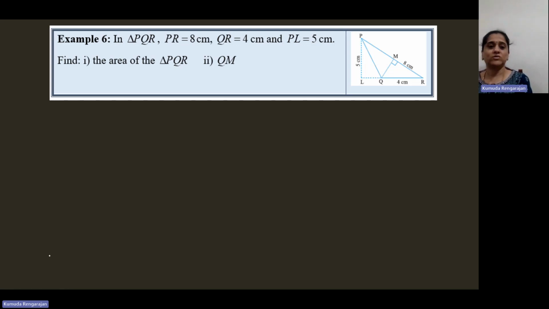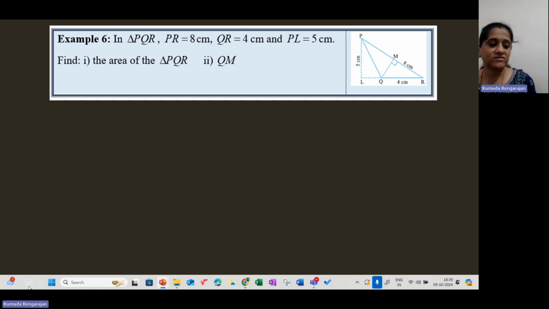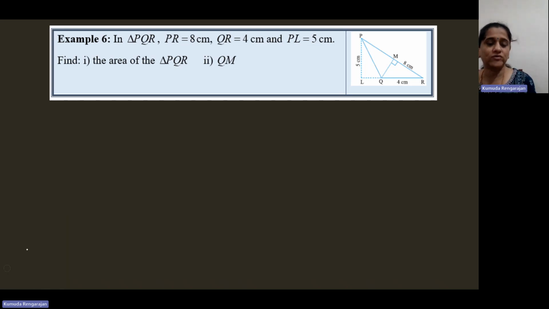Okay. So back to this question. Triangle is PQR, altitudes PL and QM. QM is the altitude on the side PR, and PL is the altitude on the side RQ produced. The first sub question is to find the area of the triangle.